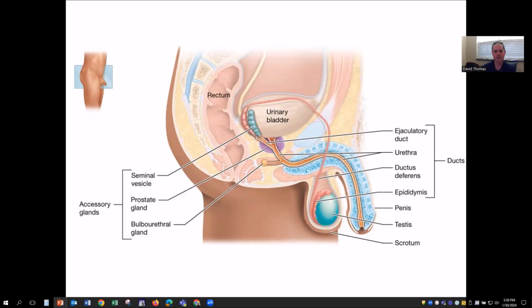Each of these glands will be producing a secretion that will go into a mixture known as semen that includes the sperm cells, but also other ingredients from these glands: a seminal vesicle, prostate gland, and the bulbourethral gland.